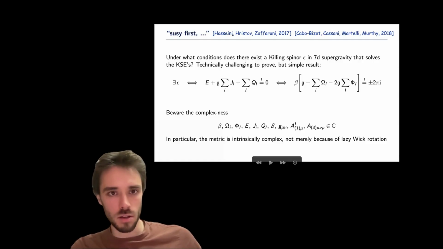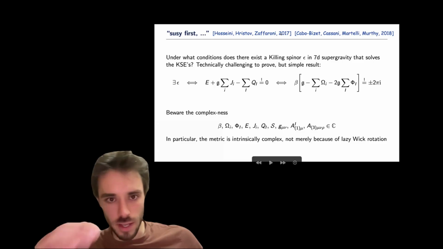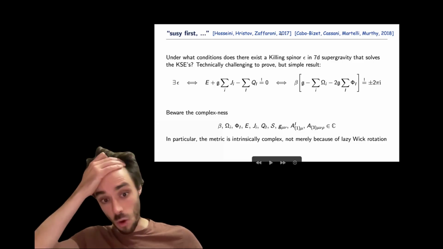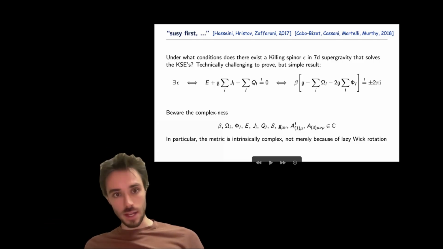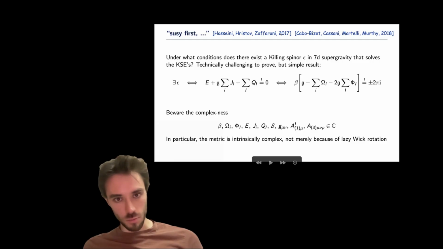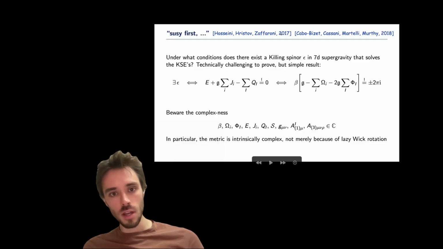Hosseini, Hristov, and Zaffaroni have it in AdS7. But this is a very generic statement that I'm saying: with supersymmetry, the charges obey a linear constraint like this. This directly comes from the algebra of the dual CFT.